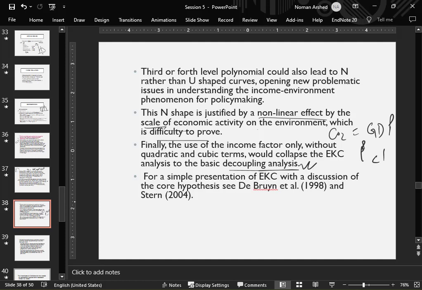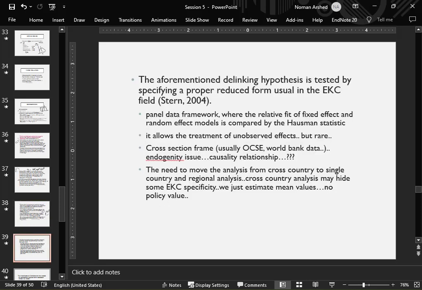Otherwise, there is no decoupling. For a simple representation of EKC with discussion of the core hypothesis, you can see other studies like De Bruyn 1998 and Stern 2004. The aforementioned delinking hypothesis is tested by several studies, and we'll talk about the study by Stern 2004.